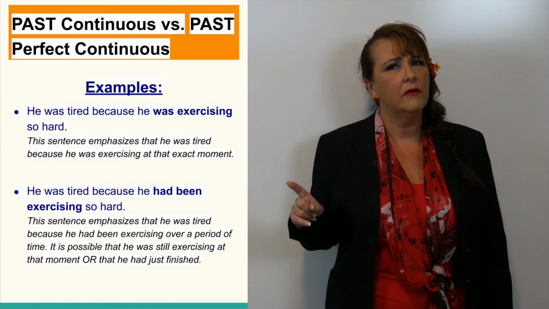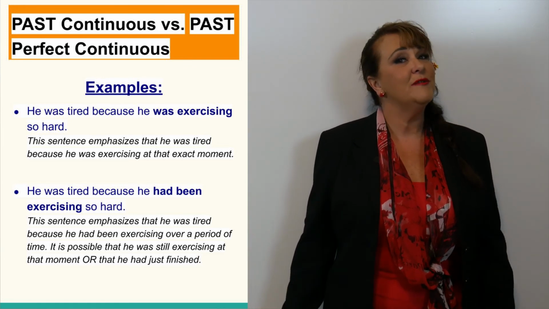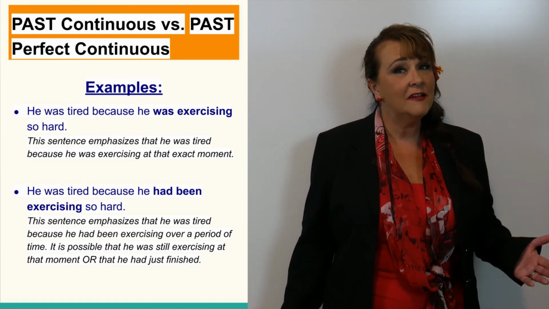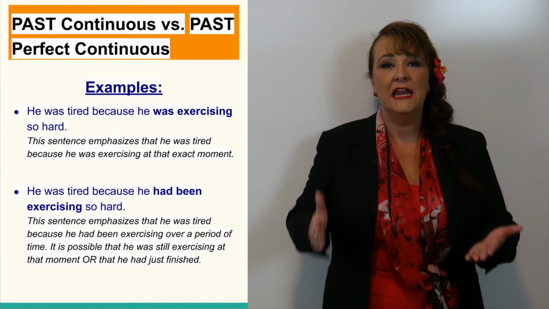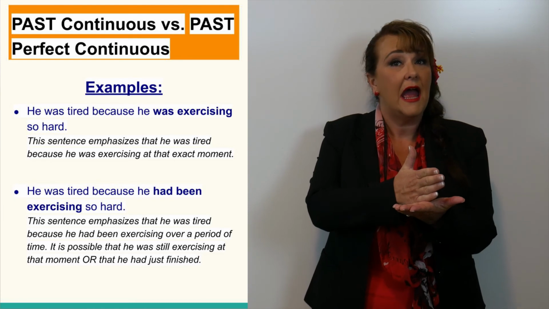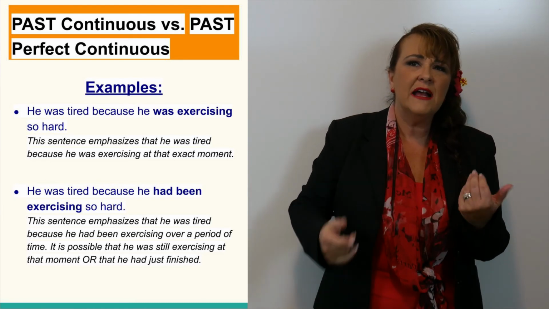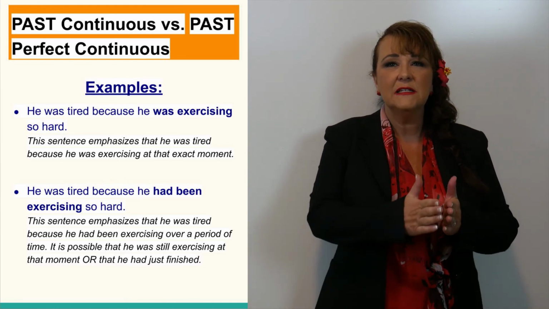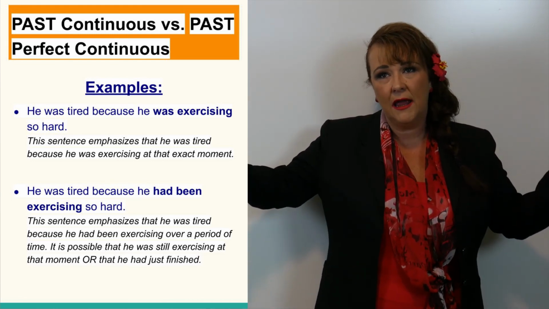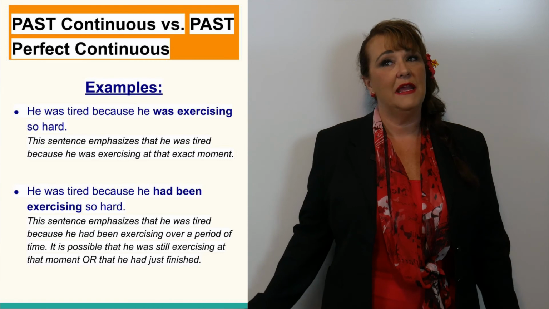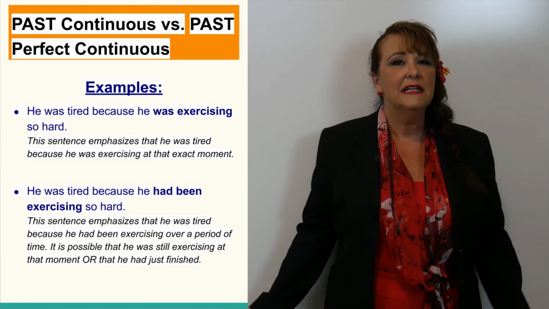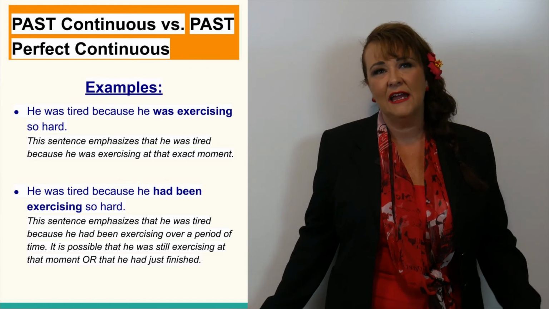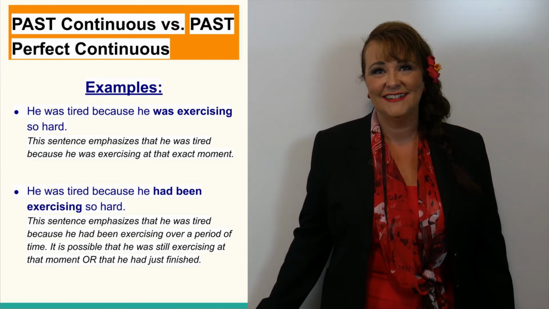Be careful, because this can change the meaning of the sentence. Past continuous emphasizes an interrupted action, whereas the past perfect continuous emphasizes a duration of time before something in the past. Let's look at these examples and help understand maybe the differences.